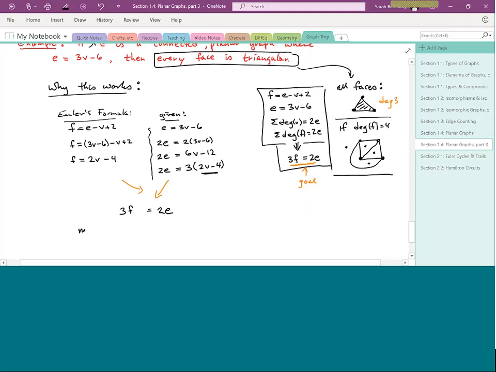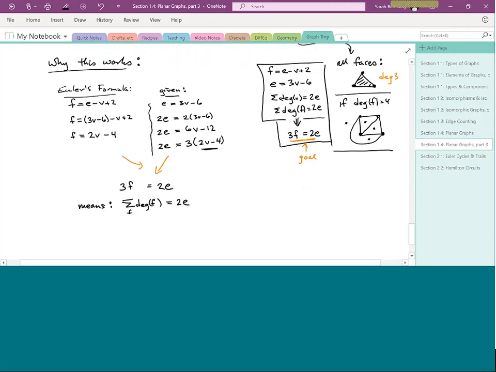So this means that if you are dealing with the sum of the degrees of all of your faces, which is supposed to equal 2e, this tells you that you are looking at the degree of each of your faces times the number of faces, if it's the same, equals 2e. So this tells us that the degree of each face has to equal 3 when you match the pieces and parts.